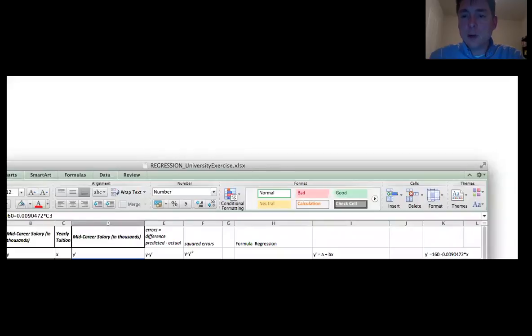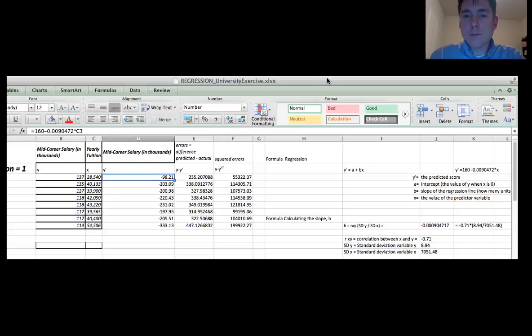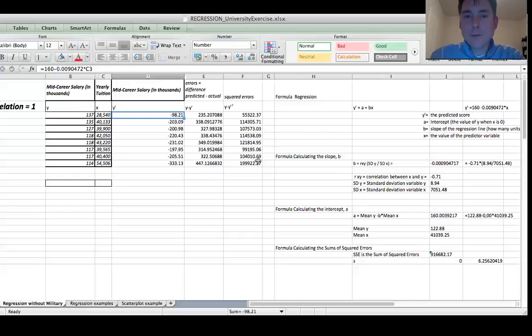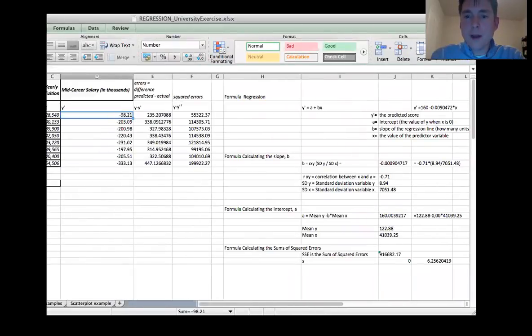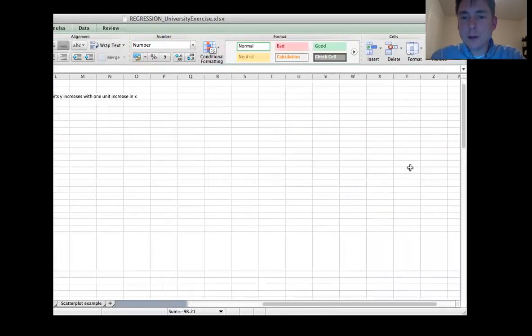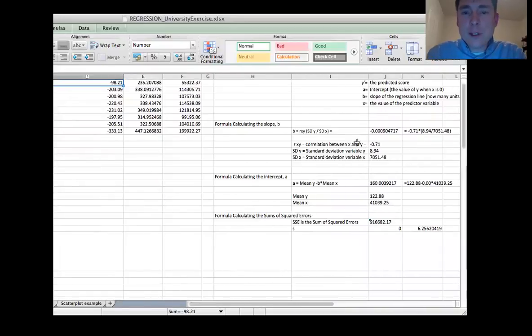So here we got to go through a little bit of troubleshooting, see what is wrong with our formula. And we're just going to go back to the basics, and we're going to figure out, all right, the first step is to figure out the correlation, negative 0.71.